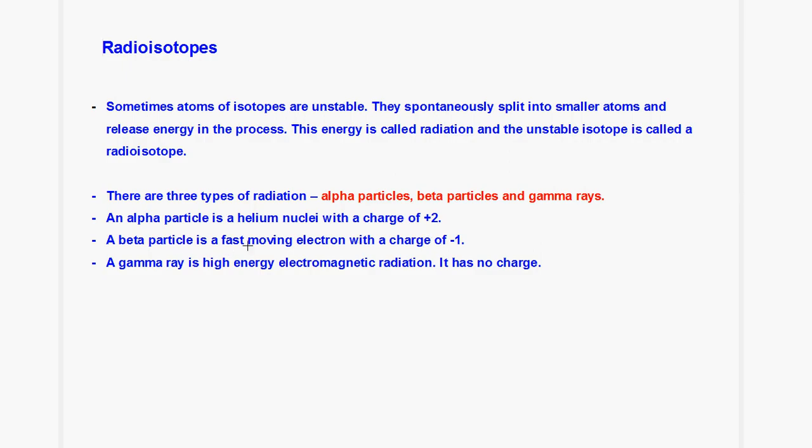A beta particle is a fast-moving electron with a charge of -1. And a gamma ray is a high-energy electromagnetic radiation. It has no charge. So you need to be able to tell the differences between these three. The alpha particle is just a helium nucleus, the beta particle is a fast-moving electron, and a gamma ray is just high-energy electromagnetic radiation.